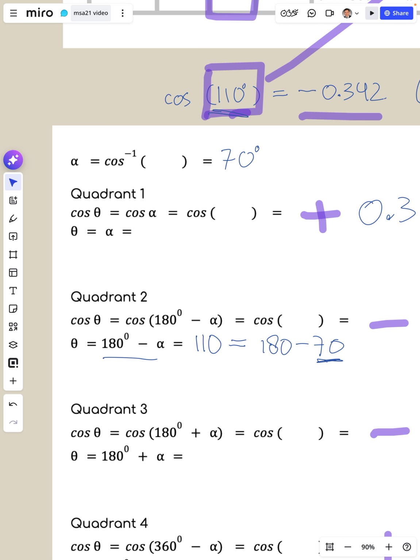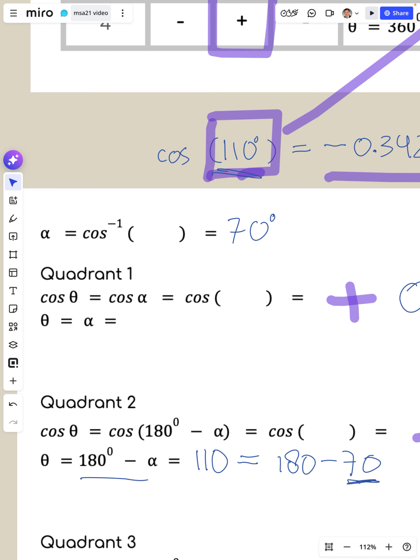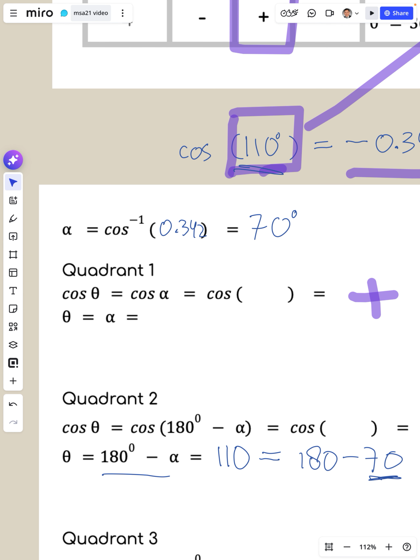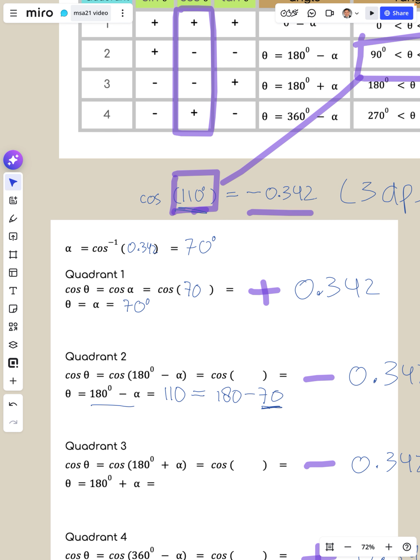We put it up here. And alpha is cosine inverse of 0.342, where we put a positive number. So alpha is 70 degrees, and cosine 70 equals positive 0.342. So we finished quadrant 1.